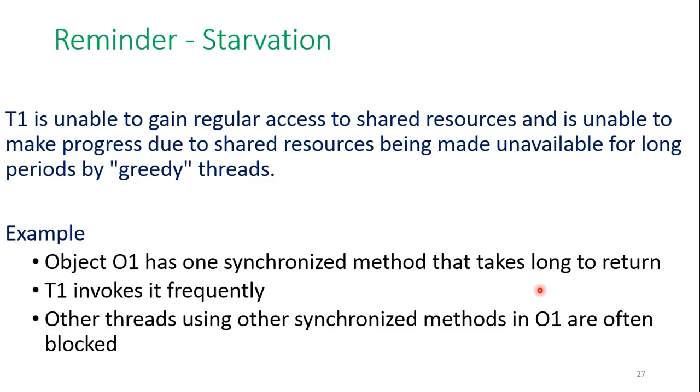So if that happens, T1 is going to actually lock the object O1 for long periods of time, because every time it calls that synchronized method, O1 is going to be locked for a long period of time. And then as soon as it's done, chances are that it's going to try to call again. So there are long periods of time during which no other thread can call that synchronized method or any other synchronized method on O1, okay?